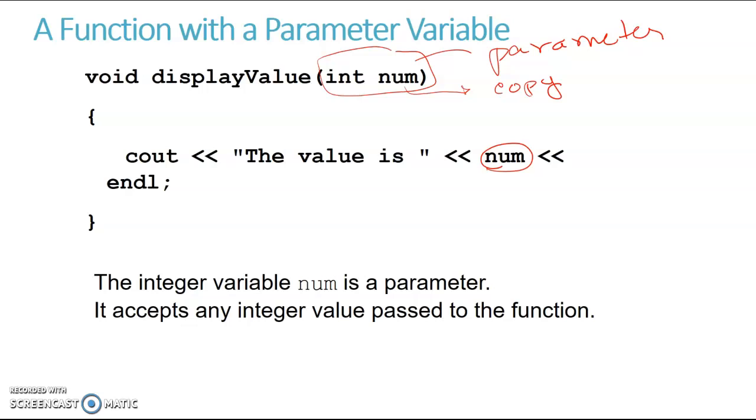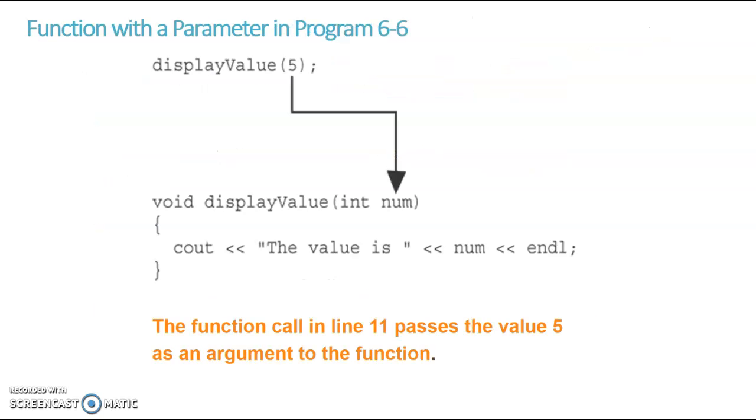The integer value num is the parameter and accepts any integer value passed to the function. I cannot pass a double to be placed inside of an integer variable. That's something to keep in mind. So here's an example of the function call. It is void, so we don't have it set equal to anything because it's not returning anything.